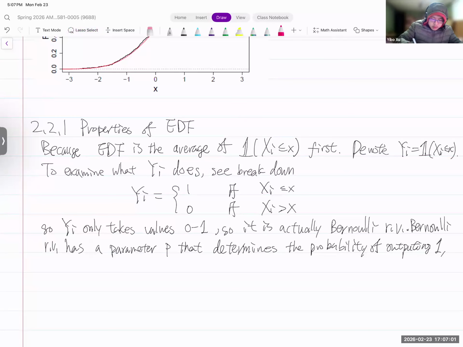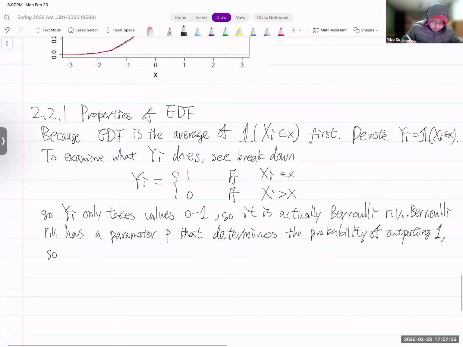Here we care about the probability of this occurring, which is actually the CDF of Xi, the probability of Xi less than or equal to little x. So P equals the probability of Yi equals 1.